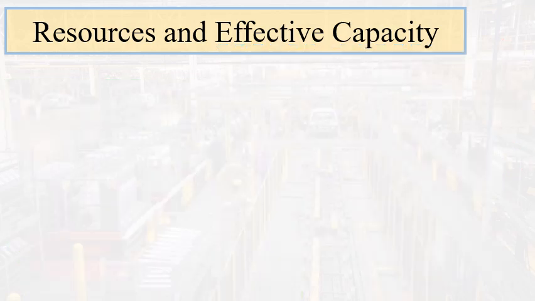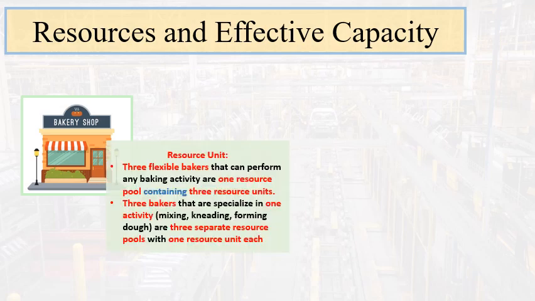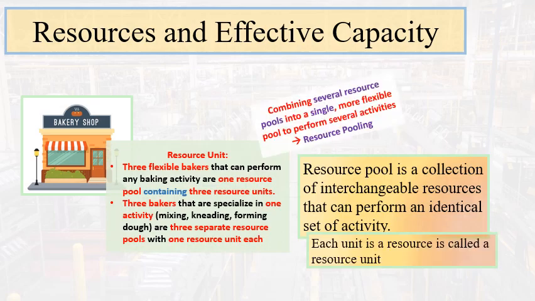Now, it's very important for us to understand that combining several resource pools into a single resource pool is a very powerful tool. It's called resource pooling, and it can affect process flow measures in a positive way or improve process flow measures.